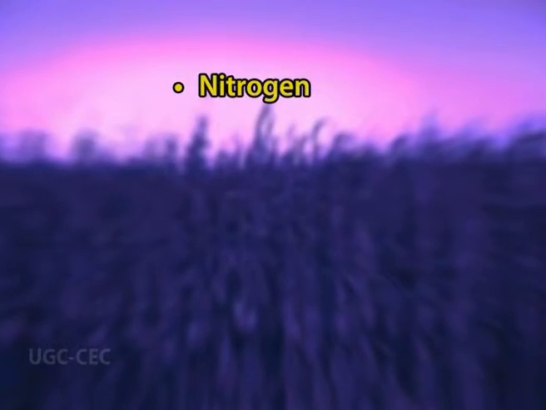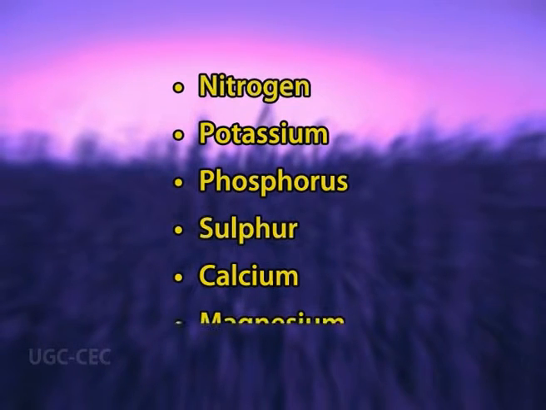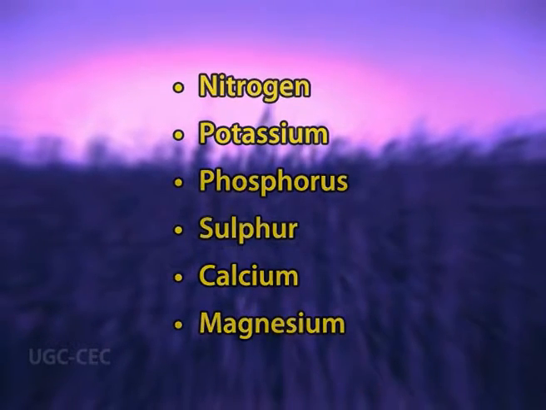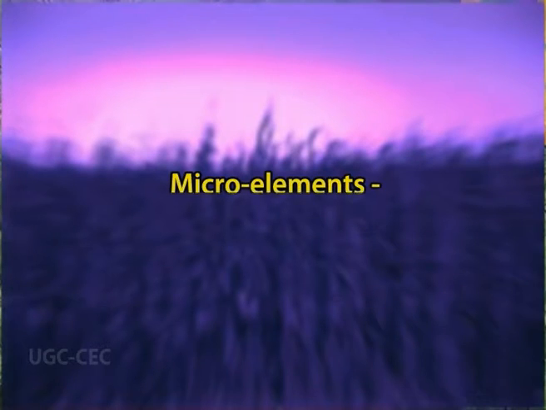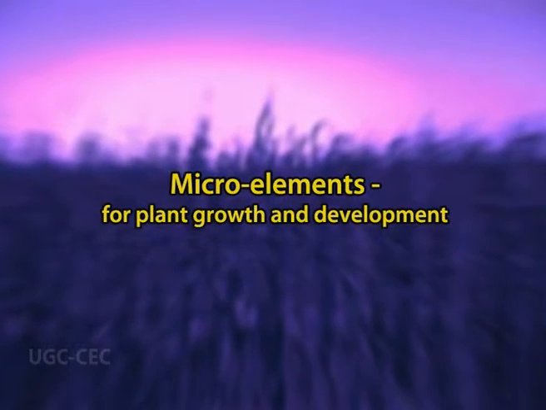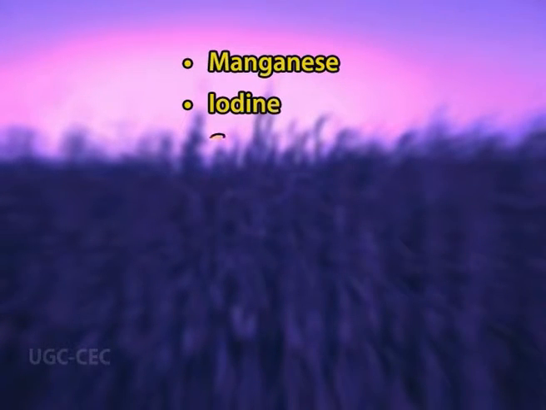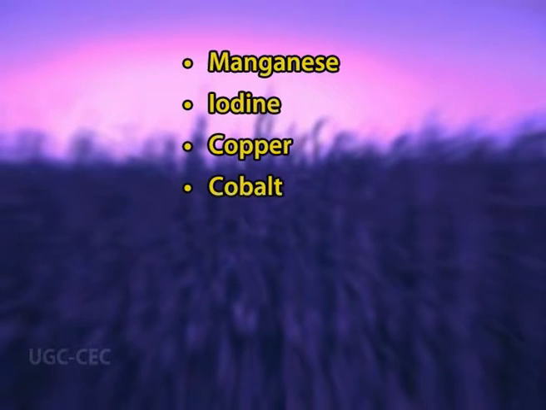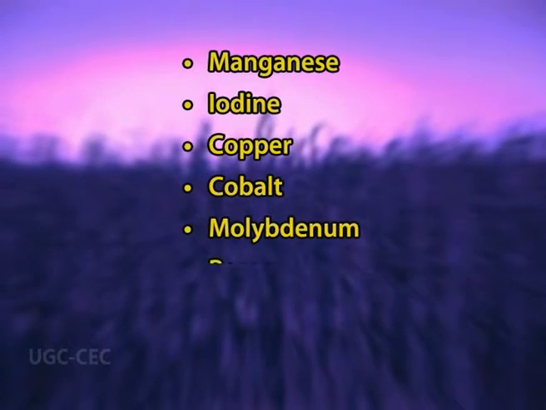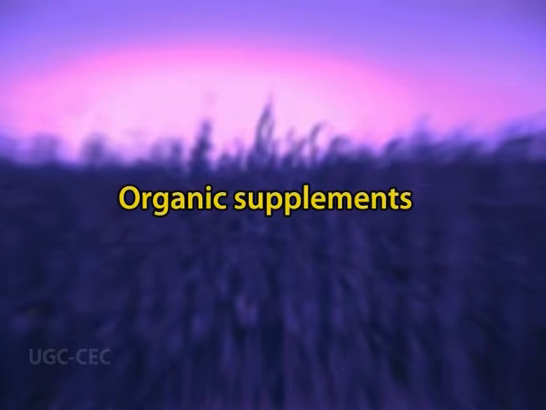They include nitrogen, potassium, phosphorus, sulfur, calcium, and magnesium. Microelements. These are those elements that are used in trace amounts, and they include manganese, iodine, copper, cobalt, molybdenum, boron, iron, and zinc.